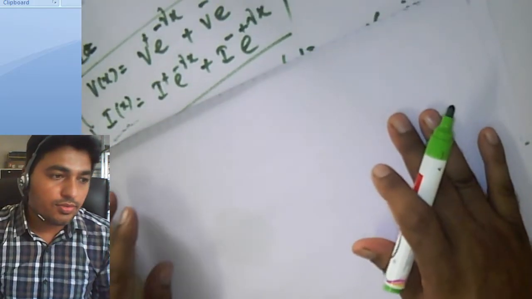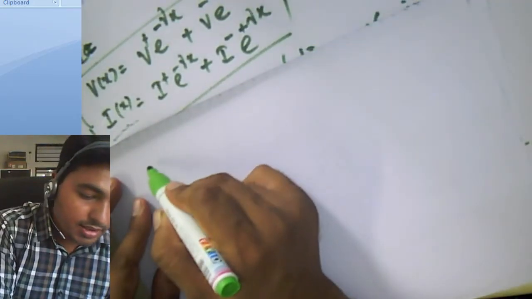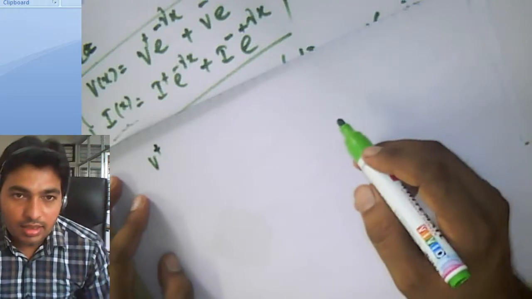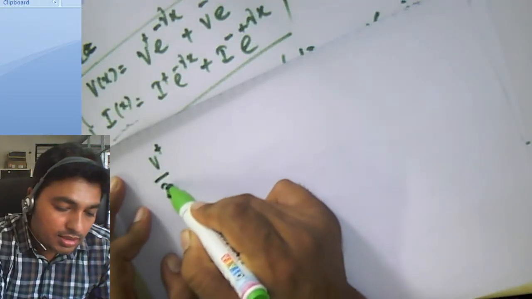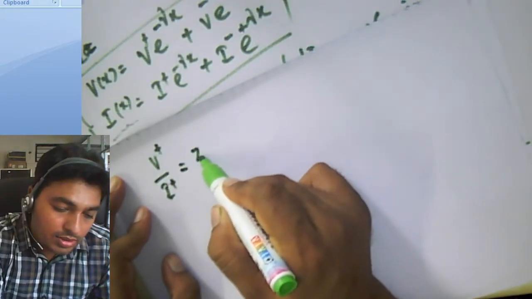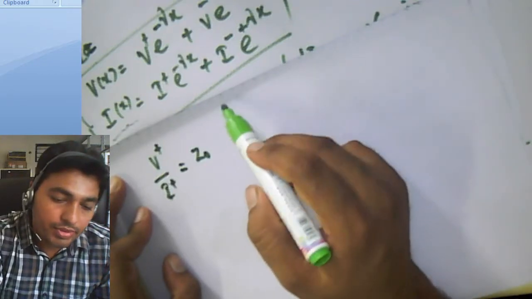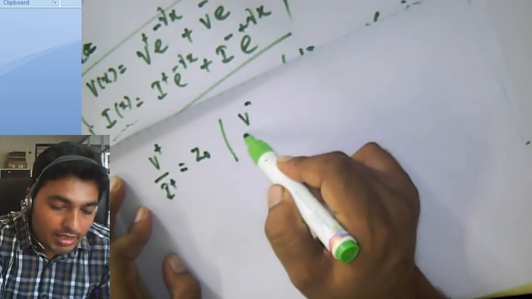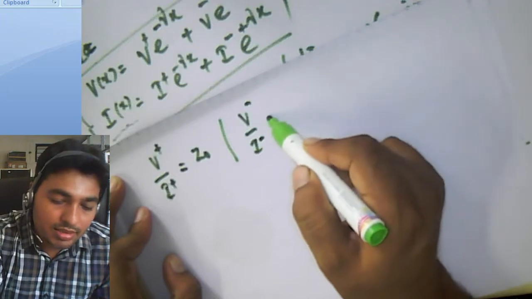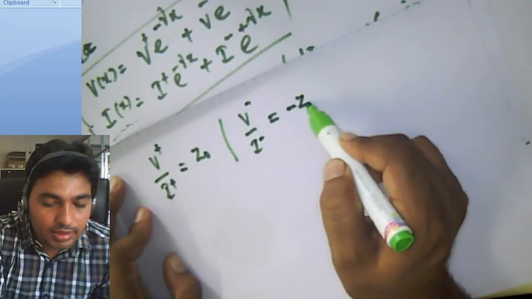Now the ratio of voltage and current we have defined, V plus by I plus is equal to Z0. Also we have seen V minus divided by I minus will be equal to minus Z0.